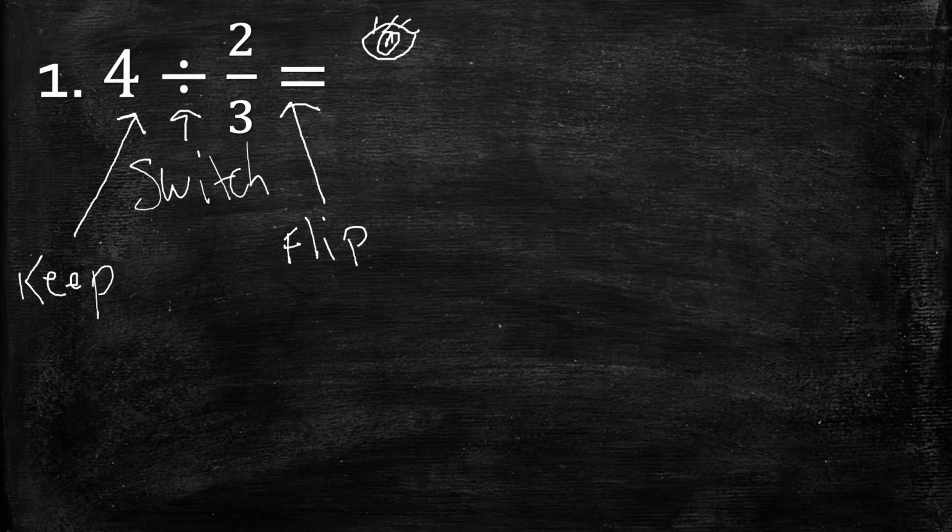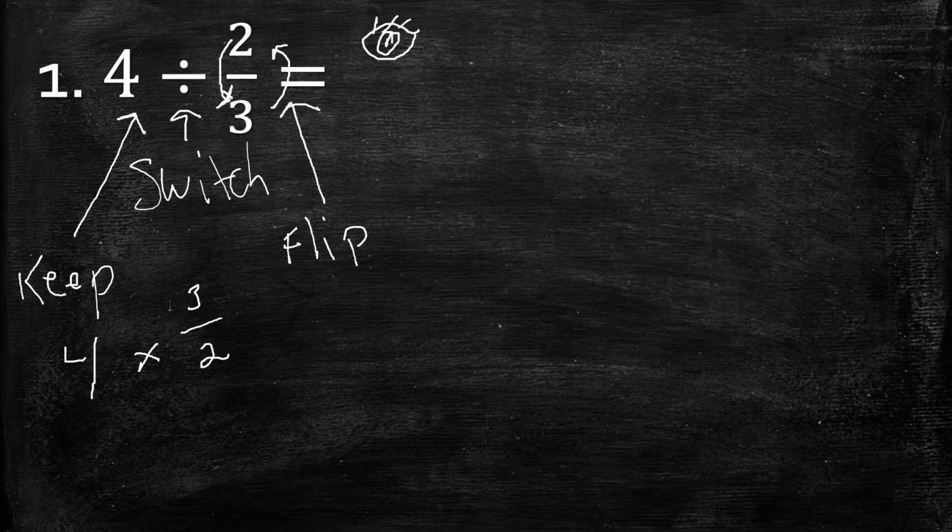So I'm going to keep my whole number, which is 4. I'm going to switch my math, so we're going to do multiplication. And then I need to flip. So to do that, I'm just going to flip my 3 and my 2. And I'm going to now have 3 halves.